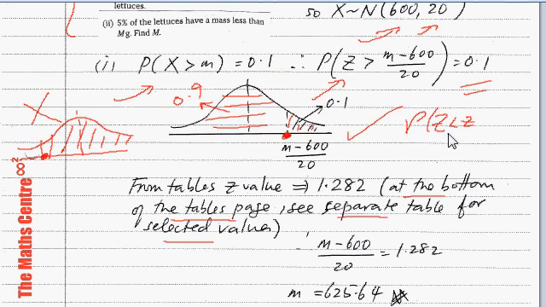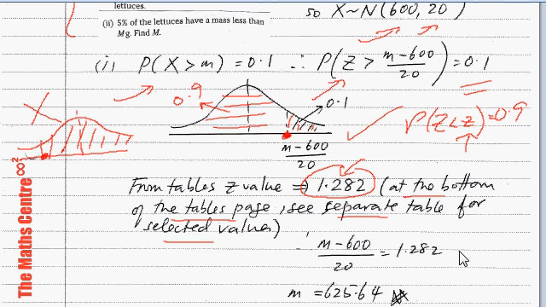If you look it up, you get the probability of big Z less than small z. Now we need 0.9. If you look up that value, this z value is given as 1.282. Let me say that again. Use those tables at the bottom of your tables page. Those are probabilities given for selected values of z, and 0.9 is one of those selected values, so you can read off directly this value of z as 1.282.